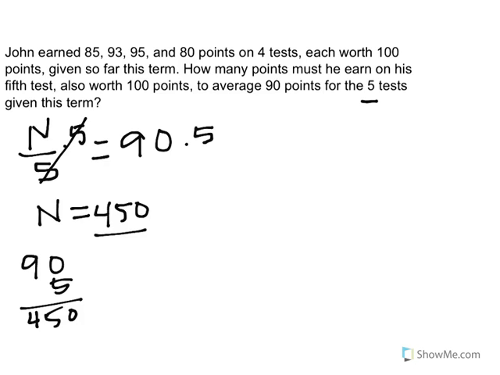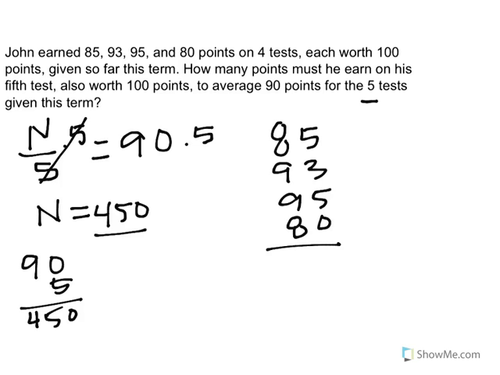Well, we know what he got on 4 of his tests, so we can add those numbers up. He had 85 plus 93 plus 95 plus 80. 5 plus 3 is 8, plus 5.